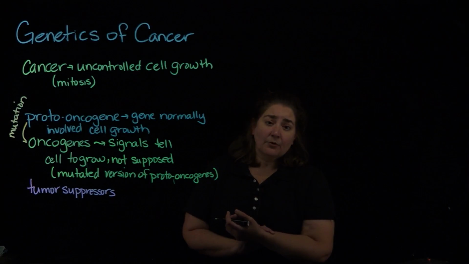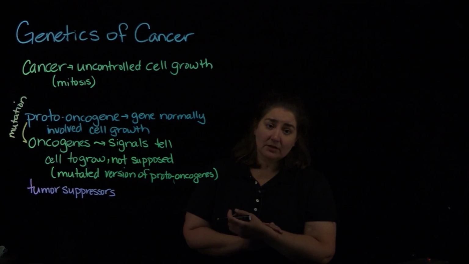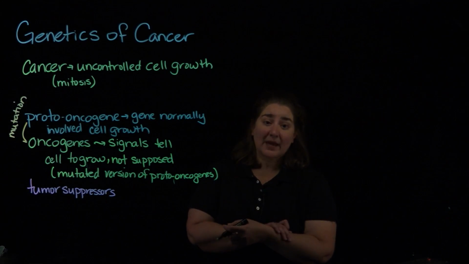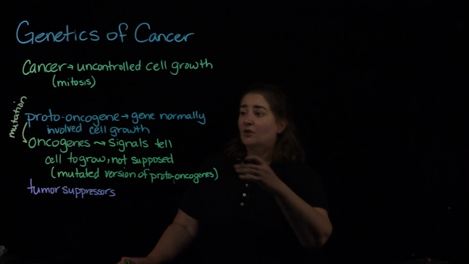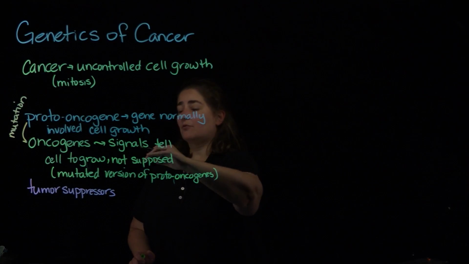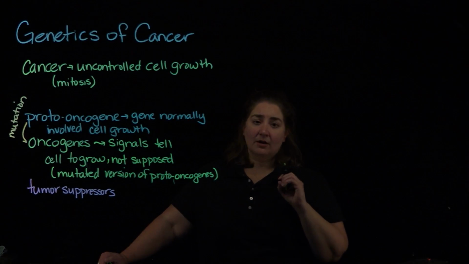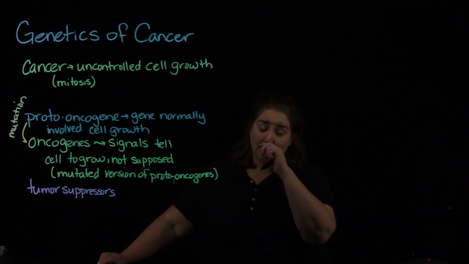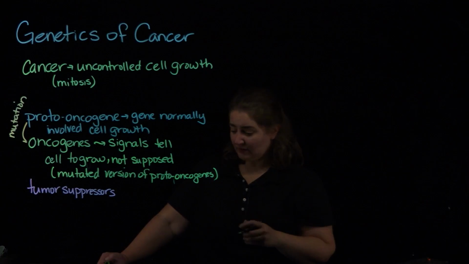So there are going to be proto-oncogenes that are going to be activated in the cells of your skin to make more skin cells to repair that wound. So that would be a normal process. When you have a mutation from the proto-oncogene to the oncogene, now we've entered the realm of being abnormal, okay? So you get cell division when you're not supposed to, okay?